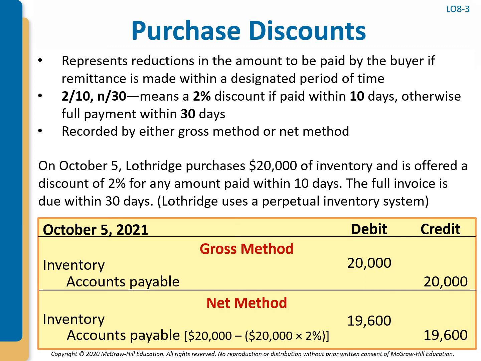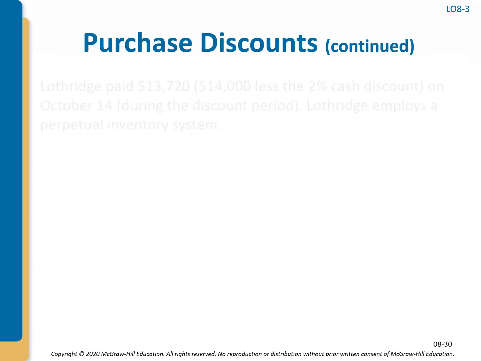So back up: the gross method records the full $20,000 as if there was no discount offered, and the net method records 98%, $19,600, as if we have taken the full discount offered.